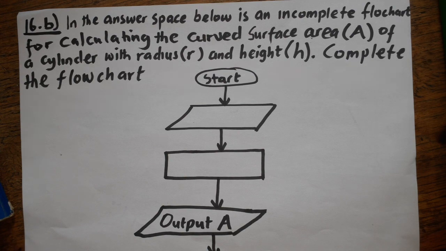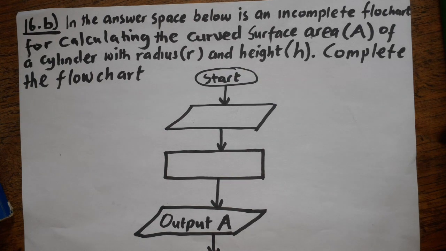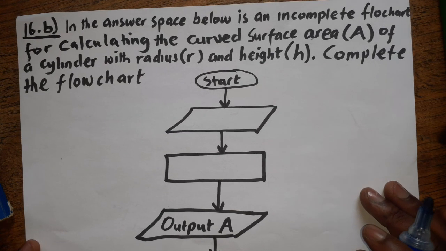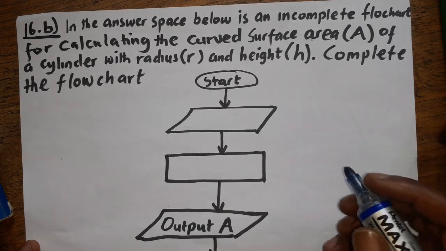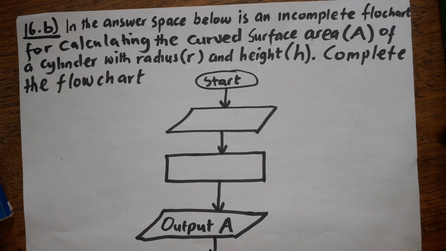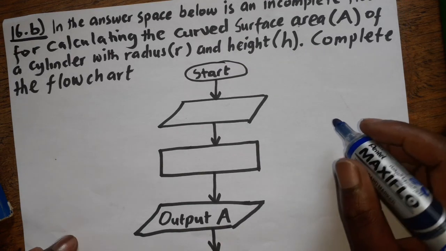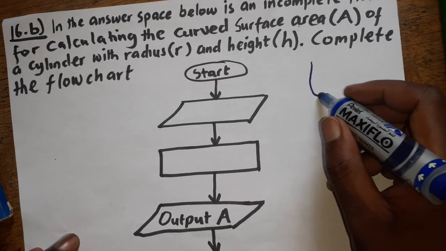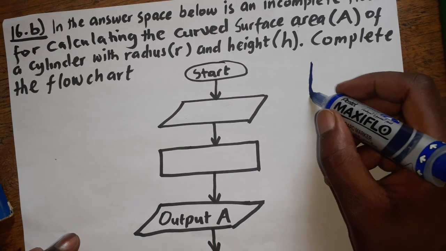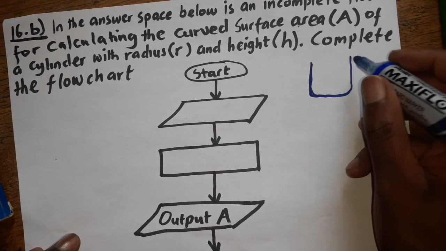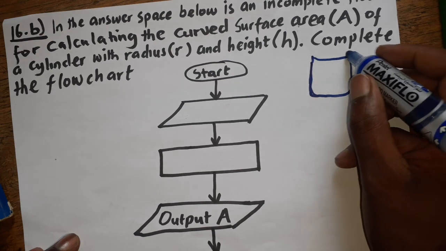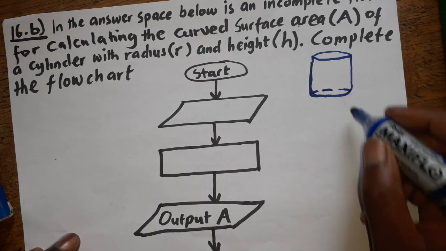Okay. So we want the curved surface area of a cylinder, isn't it? So you need to know the curved surface area of a cylinder, like the formula. Okay? So we have, for instance, this is a cylinder, something like this.